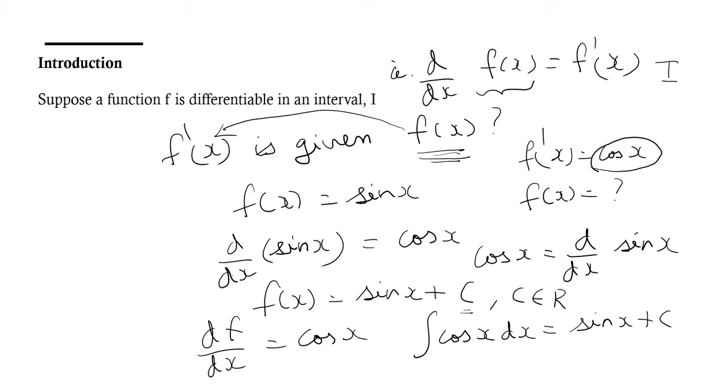That is, this cos x is the derivative of the function sin x plus c. It is not that integral cos x dx is equal to a unique sin x. It varies for different values of c. So this is with respect to integral and integration.